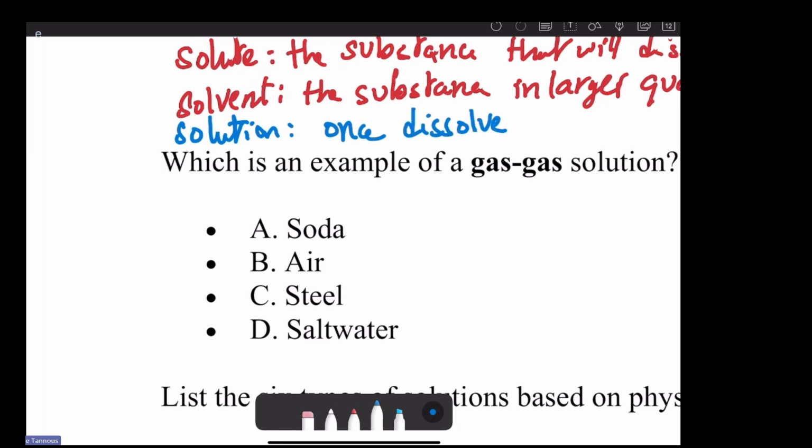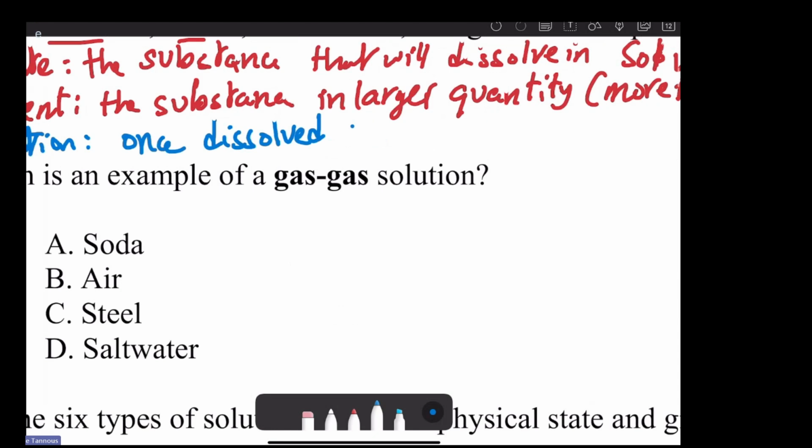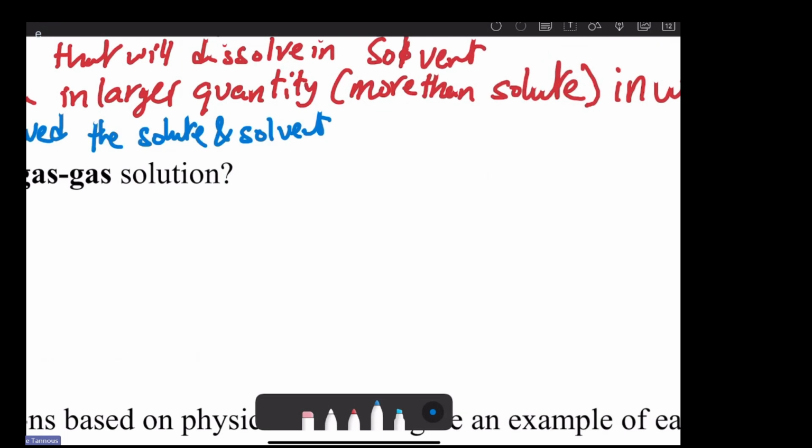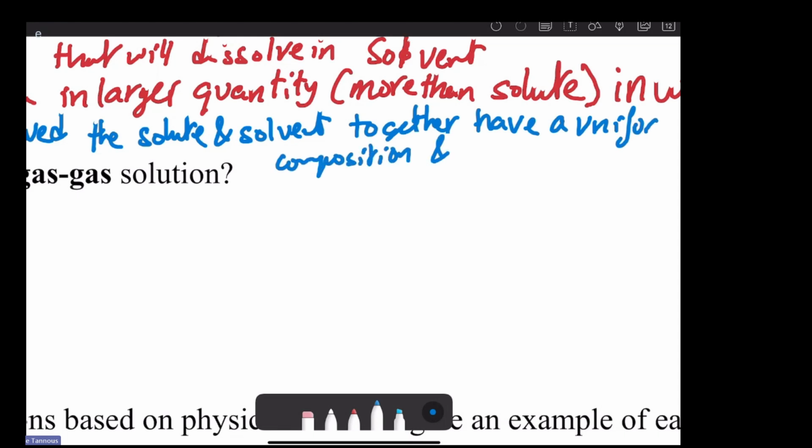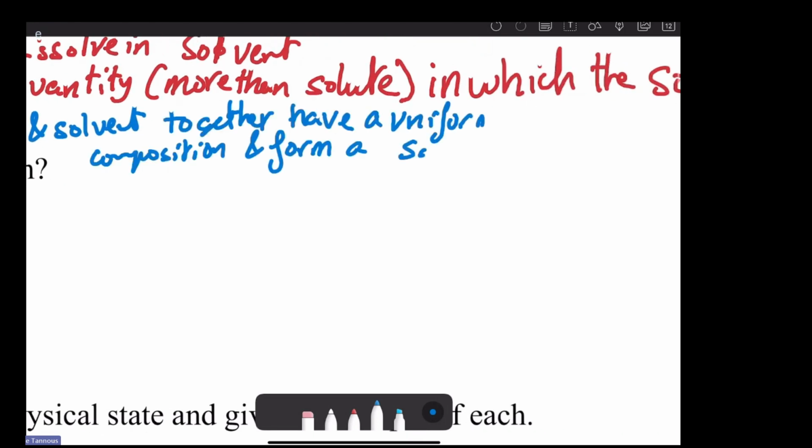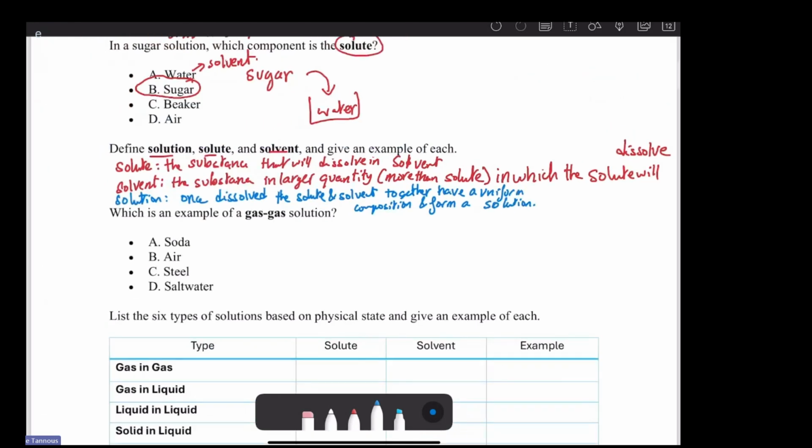Once dissolved, the solute and solvent together have a uniform composition and form a solution. I hope that this is clear.